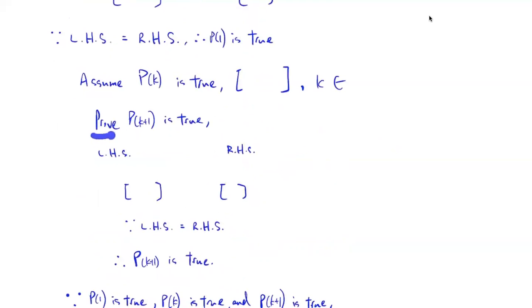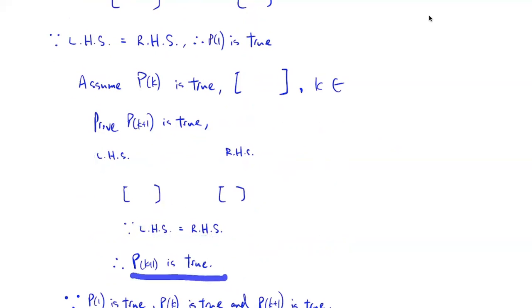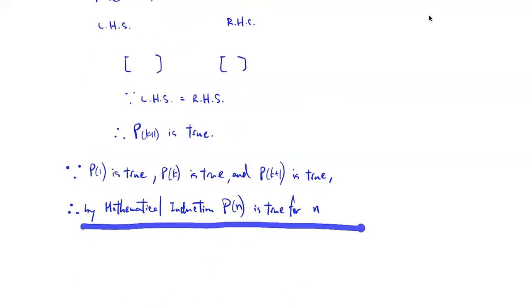And then we prove Pk plus 1 is true. Left-hand side will equal right-hand side, and therefore Pk plus 1 is true. And lastly, because P1 is true, Pk is true, and Pk plus 1 is true, then by mathematical induction, Pn is true for all n which belongs to that constraint set by the problem.